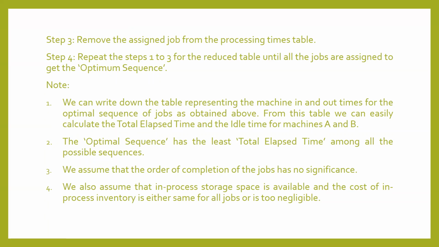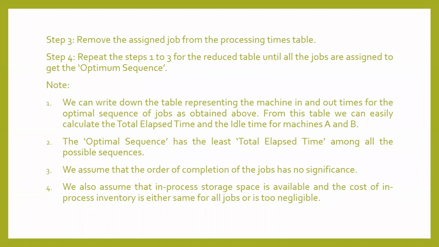That means the total elapsed time in the optimal sequence will be the least value, and that is the purpose of solving the sequencing problem: to reduce the time to complete all the jobs on the machines which are available. In this case, it is 2 machines. That will be your optimal sequence and the least total elapsed time.